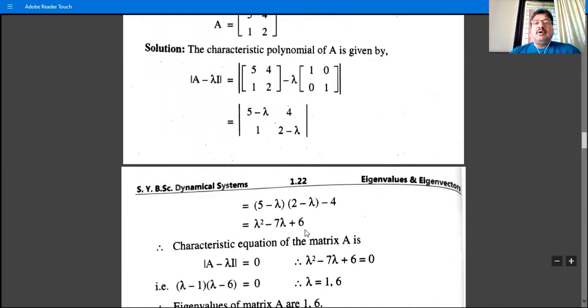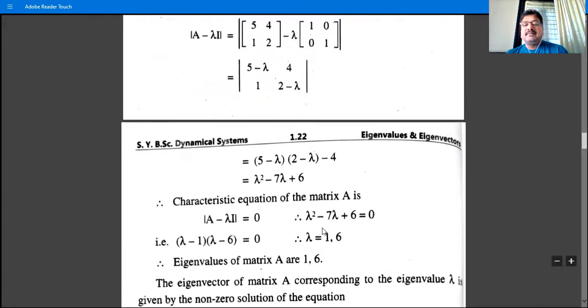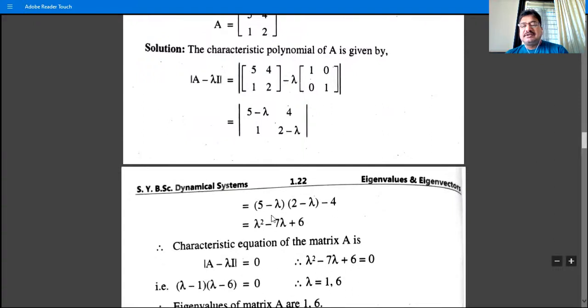And if you have to find the characteristic polynomial, then it is actually the determinant of lambda I minus A. So it is minus 6 plus 7 lambda minus lambda square. This is the characteristic polynomial, after changing the sign.